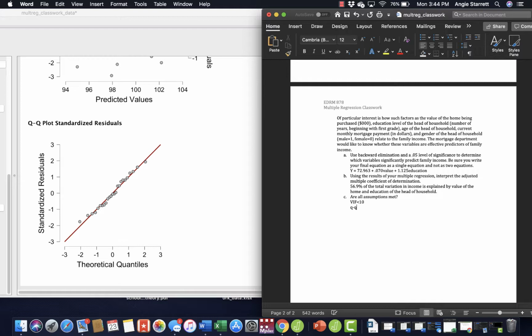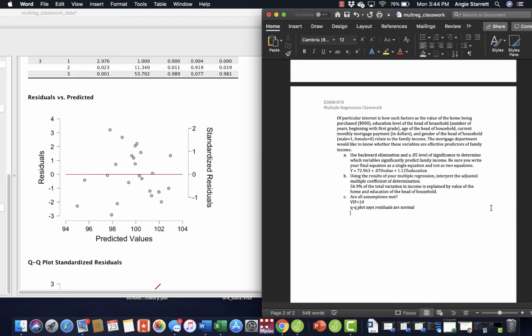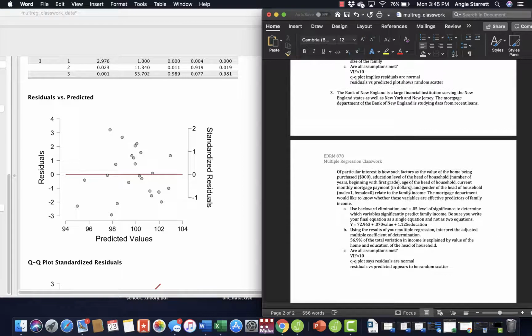So the QQ plot says residuals are normal. And then our residuals versus predicted is again random scatter. So again, all of our assumptions are met.